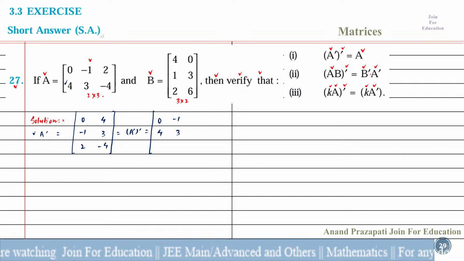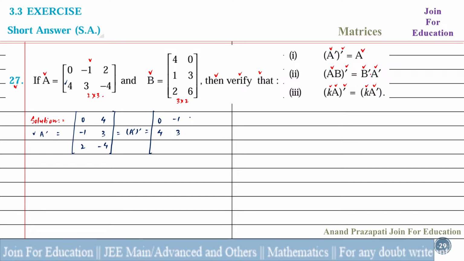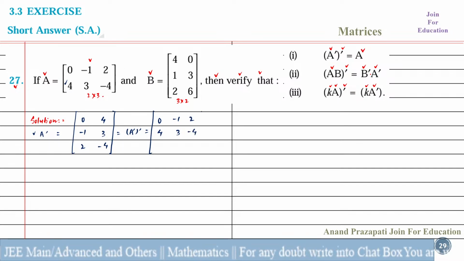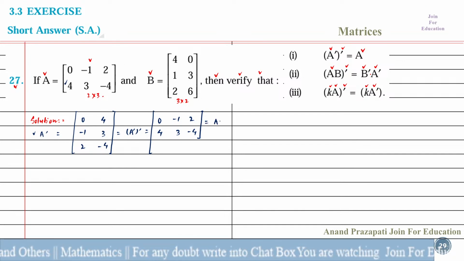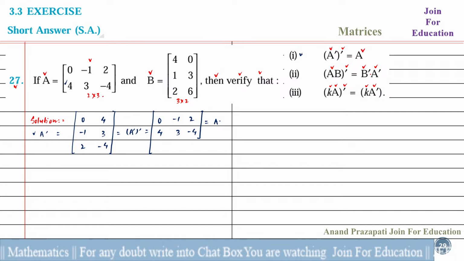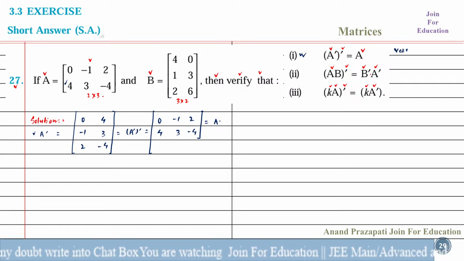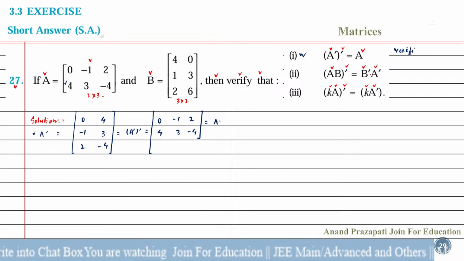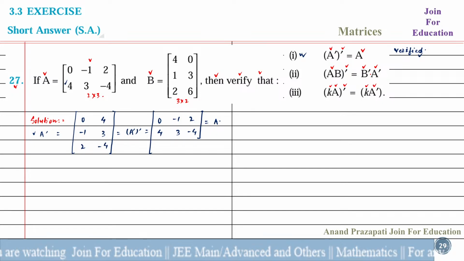Third row is the third column, and this is 2, minus 4. So which is equal to what? A. So this one is verified. There is no problem to understand up to this step.